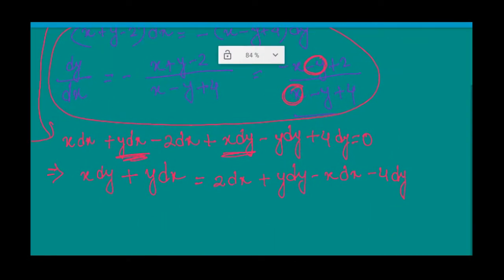So this type of situation, x dy + y dx, only comes when this condition arises. What is the condition? The coefficient of y in the numerator is the negative of the coefficient of x in the denominator. This is one condition for the non-homogeneous method.